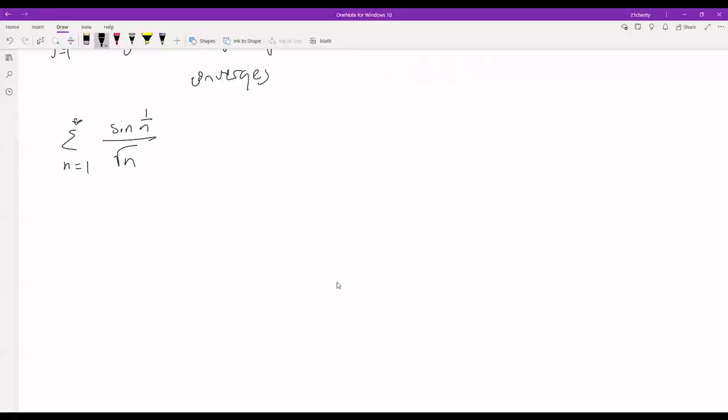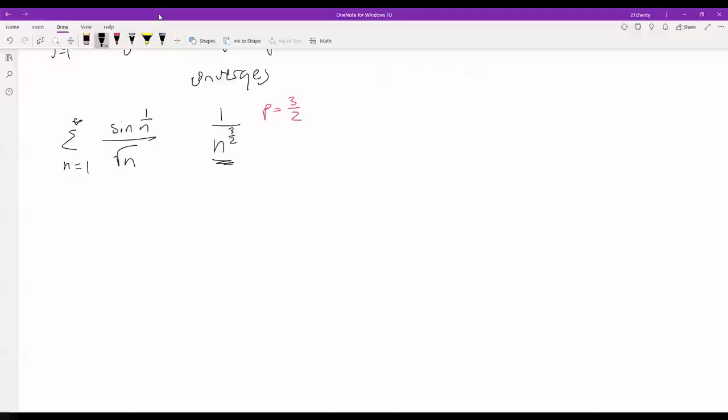So what we'll do here is compare it to 1 over n to the 3/2, which is a p-series, right? Where p equals 3/2. So this converges.